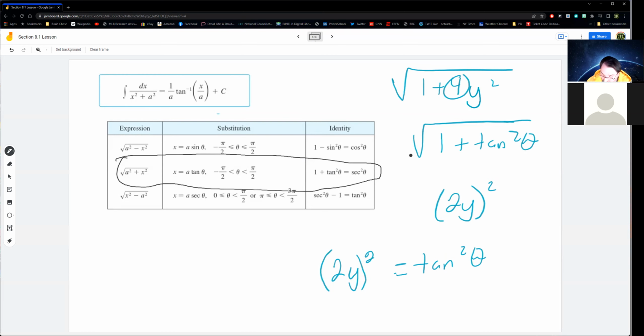So that means 2y has to equal tangent theta. So y equals 1/2 tangent theta. So it goes back to the goal. What's the goal? The goal is to get that to be 1 plus tangent squared theta, so I can do my identity rule. Then you can solve through it and figure out what's the piece that I need left for that.